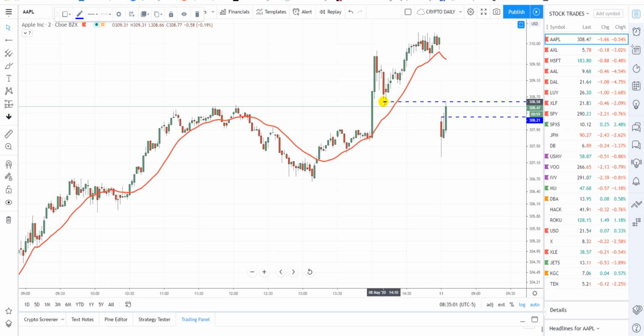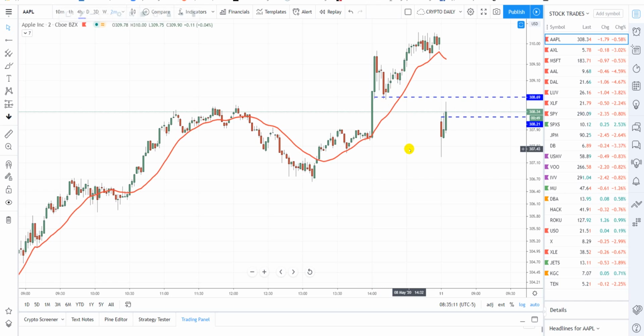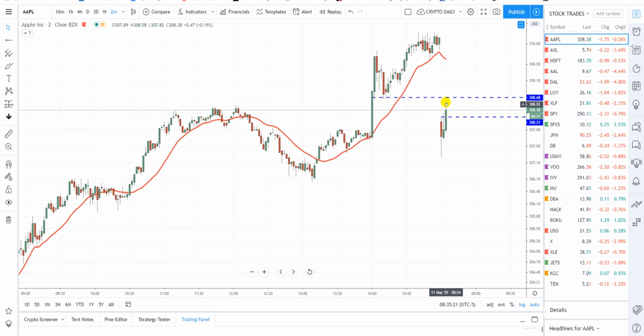Trying to see where we are. Trying to see if it hit this low, these little wick lows here. And so we made a higher high, and then another higher high on this current candle that we're on.